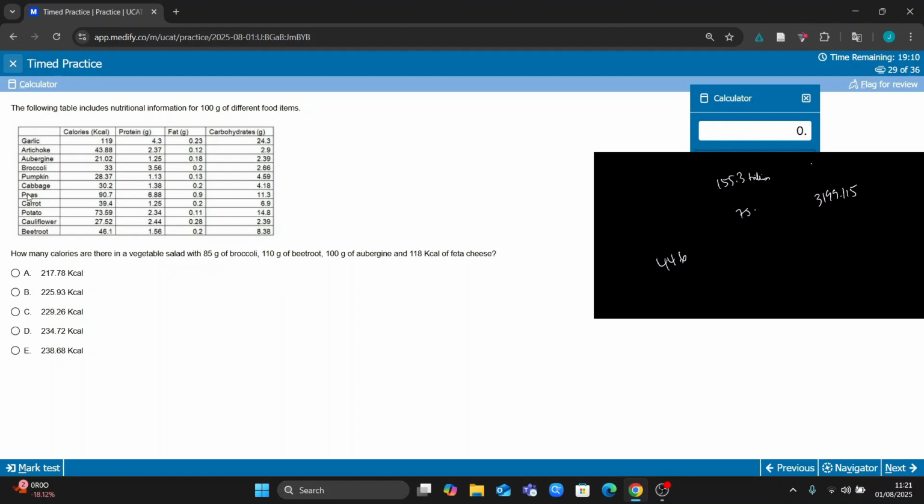Okay, how many calories are there in a vegetable salad with 85 grams of broccoli? Okay, calories. This is for 100 grams. So broccoli, 33 times 0.85, 28.05. 110 grams of beetroot, 46.1 times 1.1, because all these values are for 100 grams. 100 grams of aubergines, that's 21.02, and then 118 calories of feta cheese.